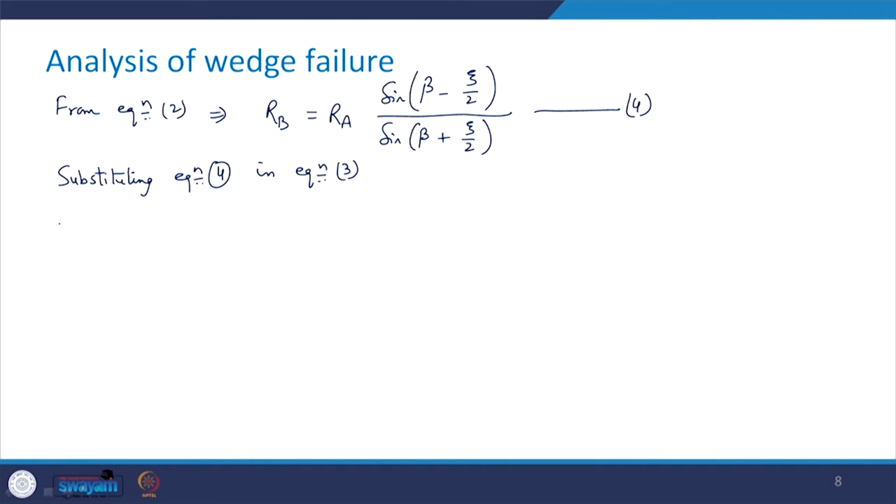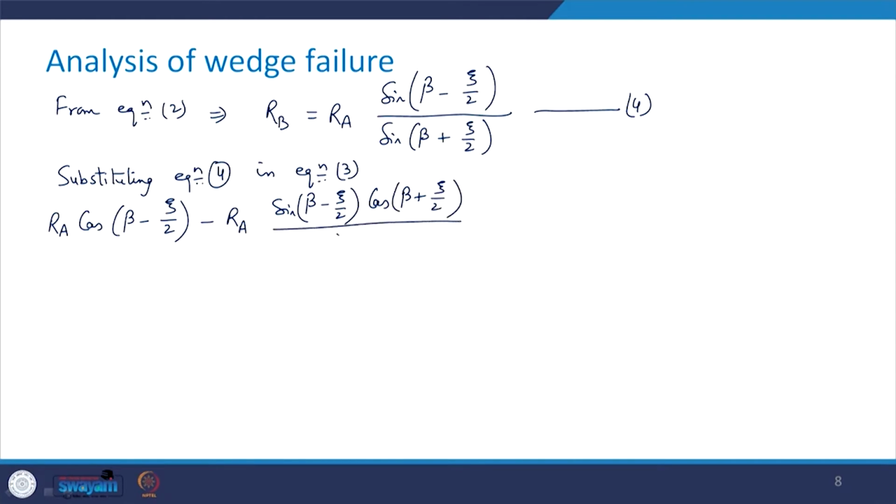So, see what we get is RA cos of beta minus zeta upon 2 minus RA sin of beta minus zeta upon 2 into cos of beta plus zeta upon 2 divided by sin of beta plus zeta by 2, and this is equal to W cos of psi i.